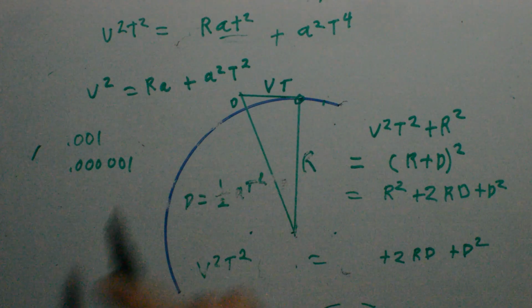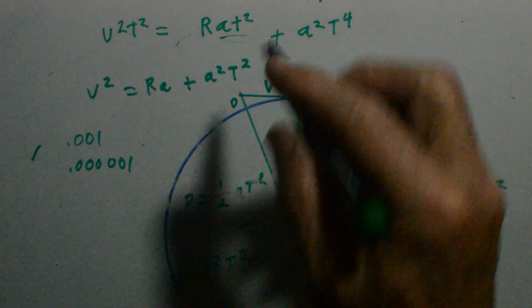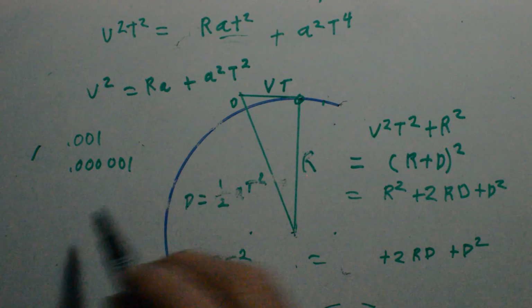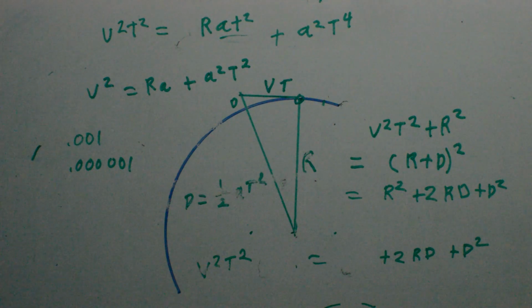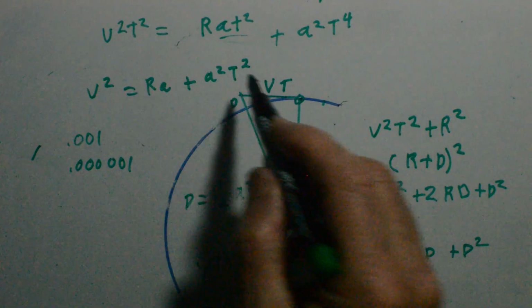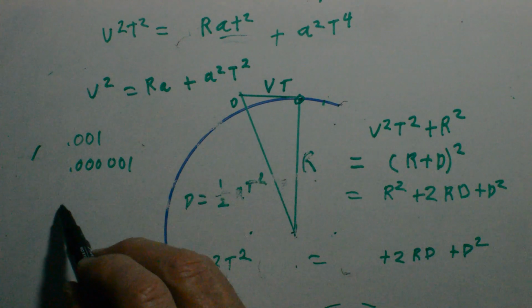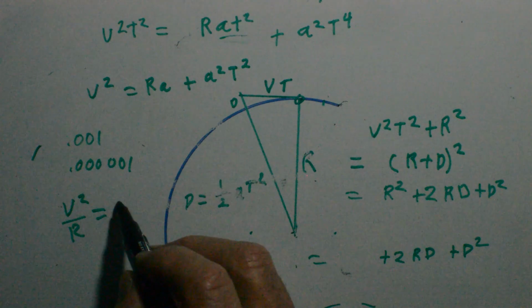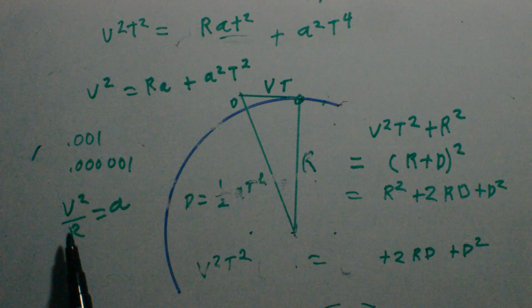And if it's a millionth, it will be even worse. So that as t approaches 0, this approaches 0 even faster. And the result is, if we let t approach 0, we get v squared over r equals a. So the acceleration is v squared over r.